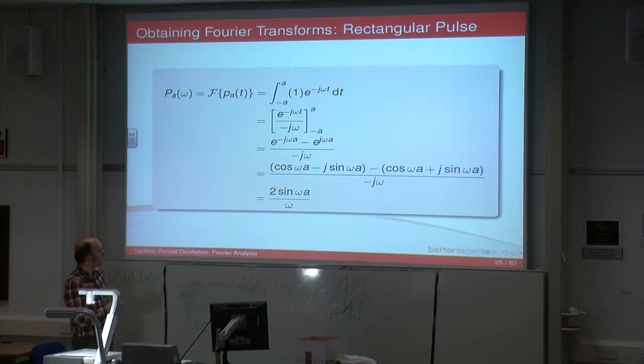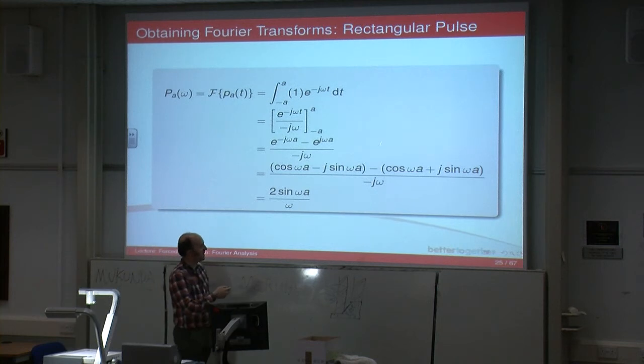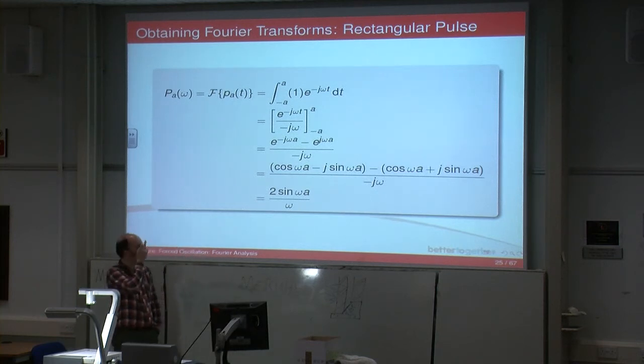e to the minus j omega A is cosine omega A minus j sine omega A. We saw that right at the beginning of this section. You could write the same thing for this bit. Now we've got a cosine omega A minus a cosine omega A, so they disappear.